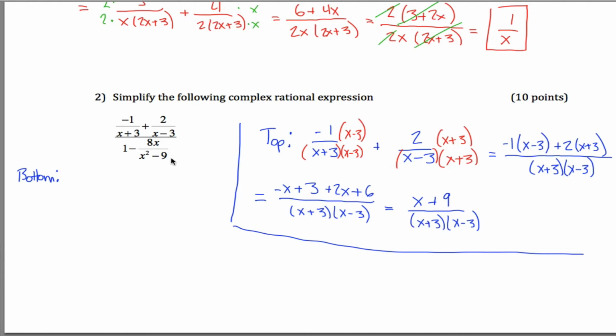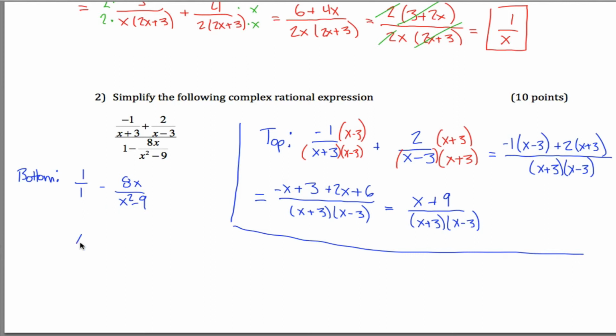For the bottom, let's see. Think about this 1 as 1 divided by 1. All right, how does that help? Well, if I have two fractions, I can put them together if I have a common denominator. The least common denominator would be x squared minus 9.